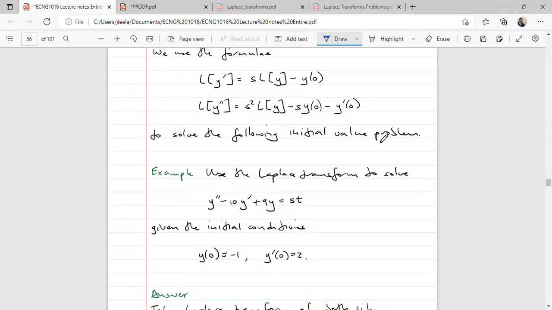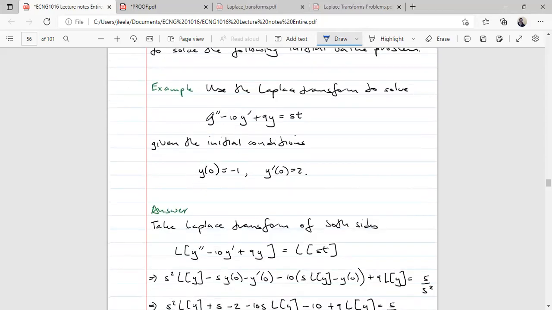To solve the following initial value problems: use the Laplace transform to solve Y double prime minus 10 Y prime plus 9 Y equals 5t, subject to the conditions Y naught is minus 1 and Y prime naught is 2, right?